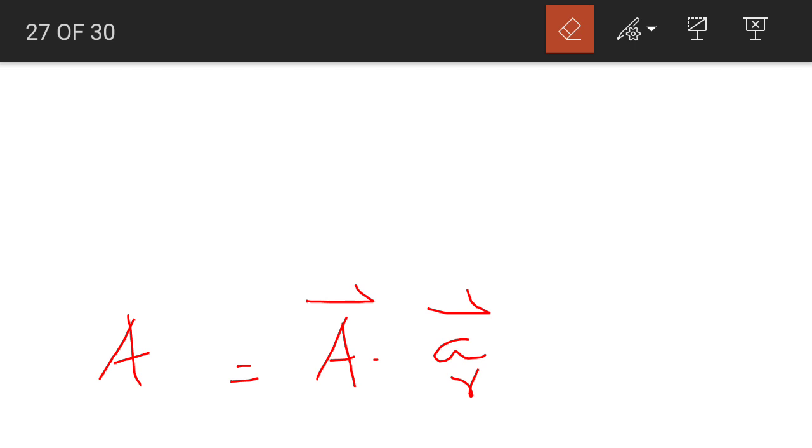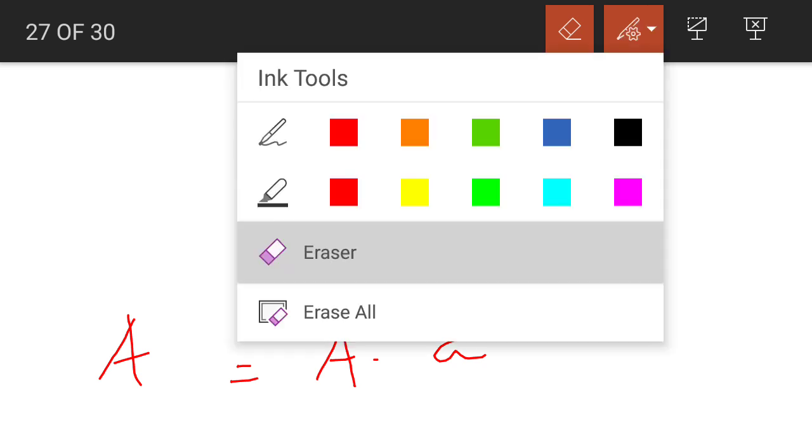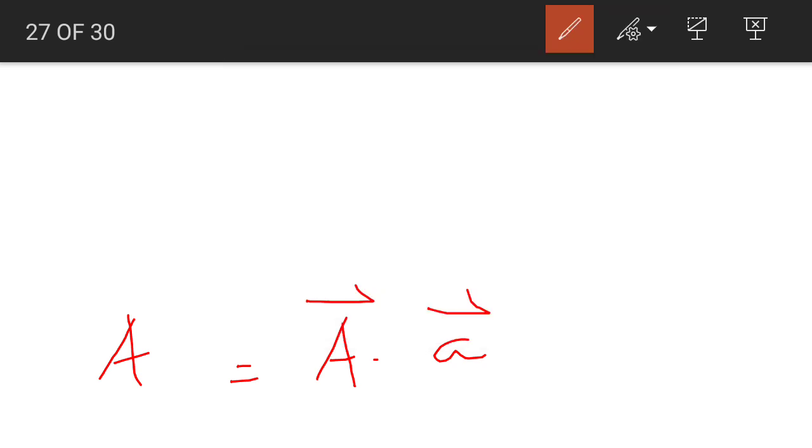Then we calculate the theta component of this vector. The theta component of this vector will be equal to A dot a theta, right? We put the value of A on the right hand side, and then we simplify the right hand side with the help of table number 1.5, 1.6 and 1.7. The simplification results in this component of the vector.